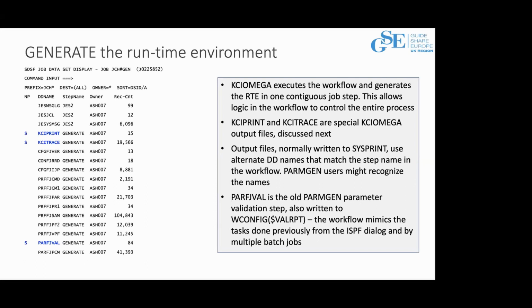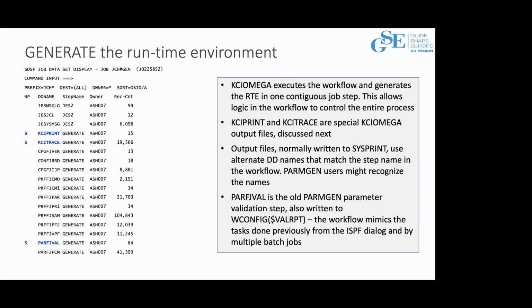Underneath that, you'll see a range of DD statements representing the workflows. You'll probably see they're similar to how they were in PalmGen, because as I said, we incorporated the PalmGen flow into KCI Amiga. There is the path JVAL as highlighted here as well. That's the validation step.